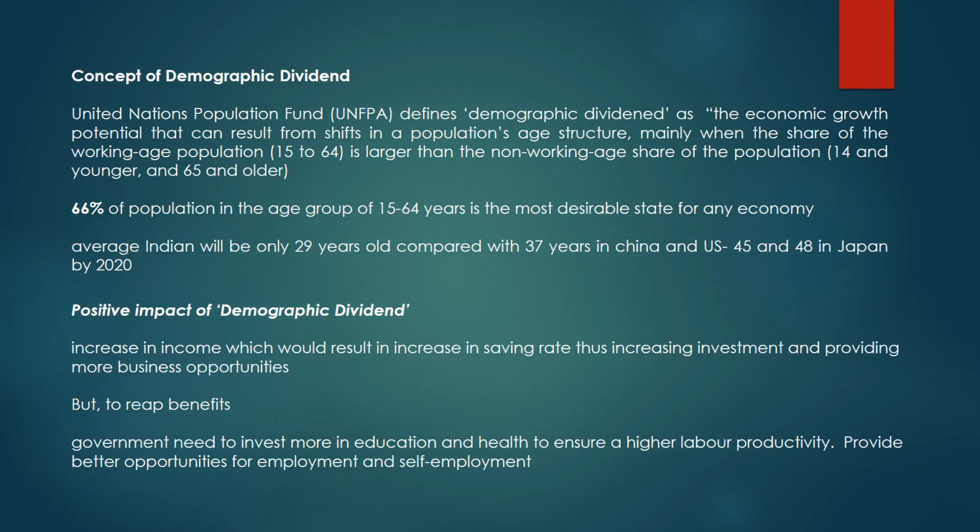As per the United Nations Population Fund, demographic dividend is the economic growth potential that can result from a shift in a population age structure, mainly when the share of working age population, that is 15 to 64 years, is larger than the non-working age share of the population, that is 14 and younger and 65 and older.